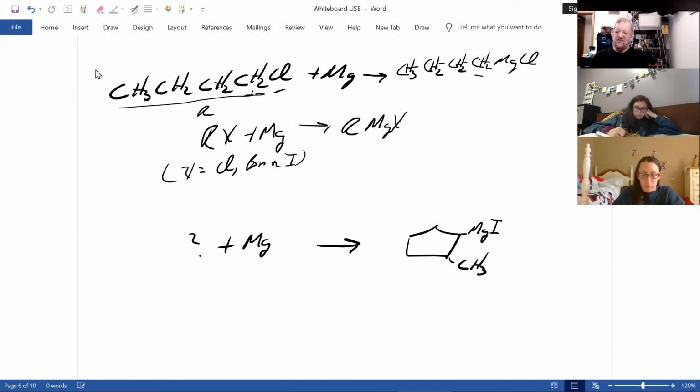I want to try a synthesis. What would I react with magnesium to make that compound?